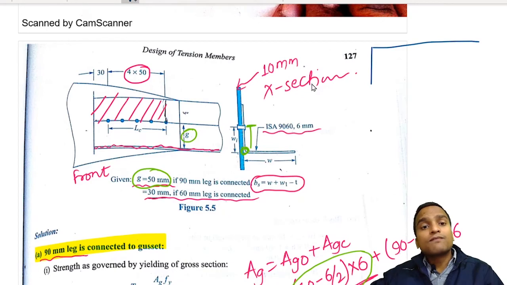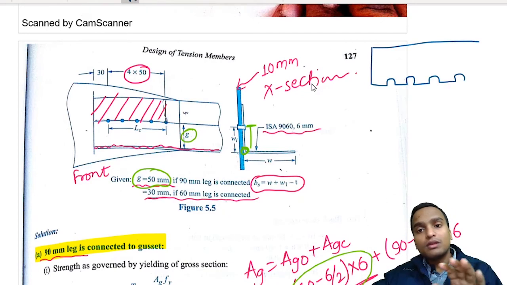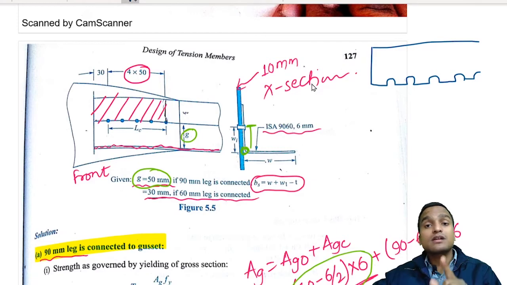So there are 5 bolts. All these 4 bolts are intermediate bolts, but the last bolt is a corner bolt. So I have drawn just half the diagram. Okay, and then this is my other face. Now if you see, this is the end of the angle section, and this is also the end of the angle section.